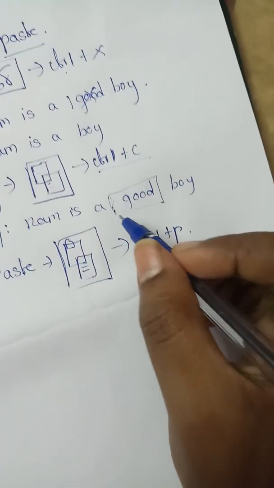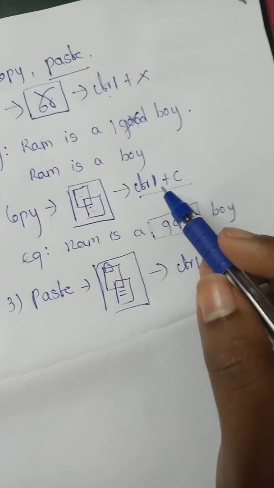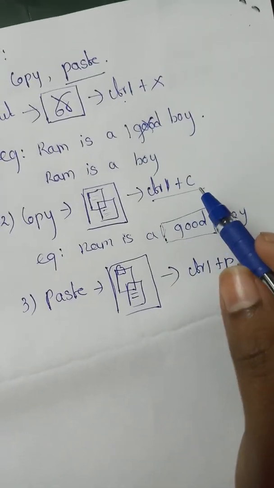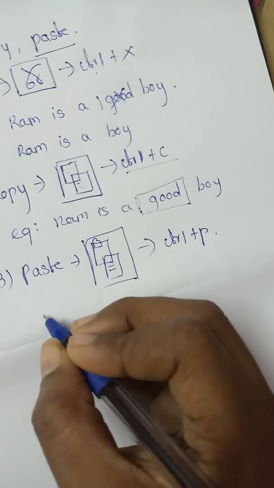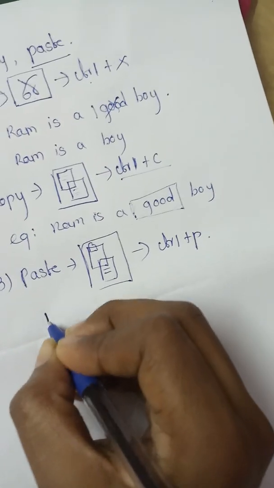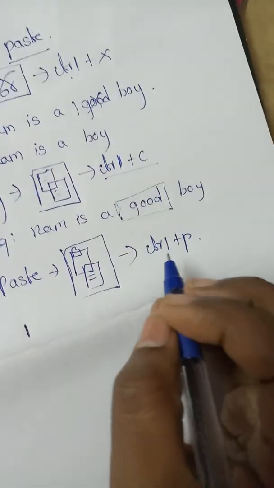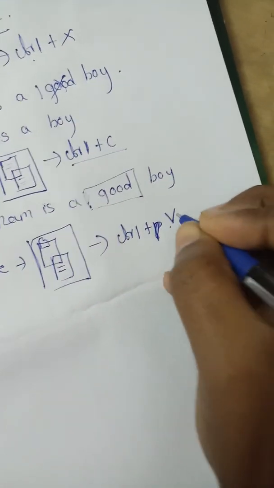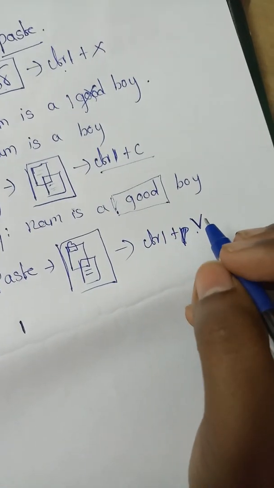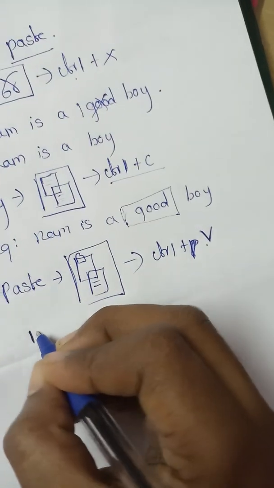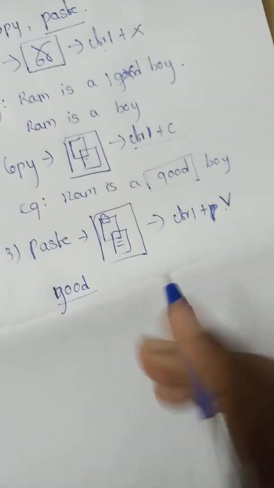If I need to copy this "good," first I select it and then use this icon, or else I use the shortcut key Ctrl plus C. And then if I need to paste this in some other place, first I need to keep the cursor in that place, and then I click this paste icon, or else I use Ctrl plus V. Then it will paste "good." It is a duplicate copy.